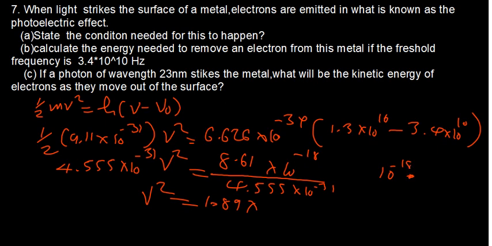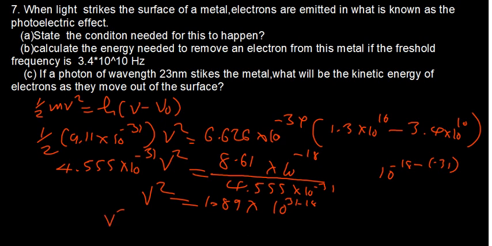Now we multiply, so we are going to subtract 10 to the power negative 18 minus negative 31, because these are same bases which are dividing, so just subtract the powers. So that is the same as saying 31 minus 18. So we are simply multiplying this number by 10 to the power 31 minus 18.